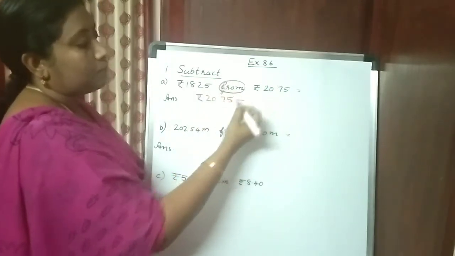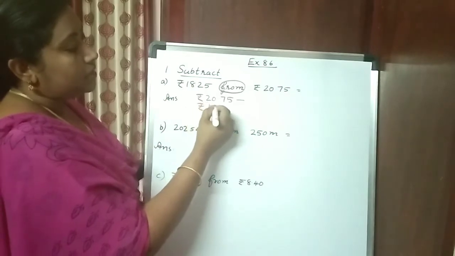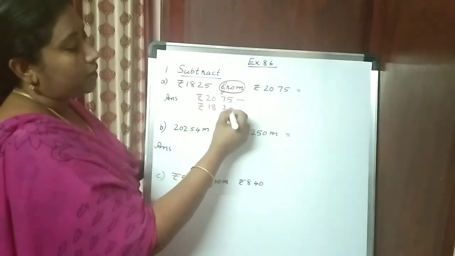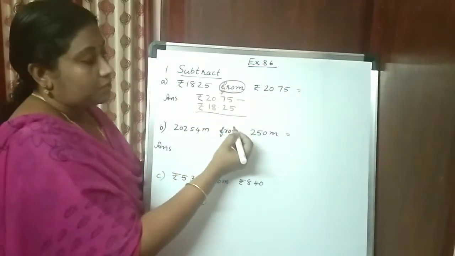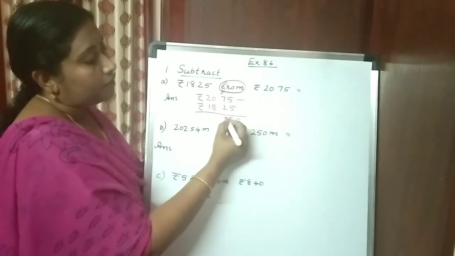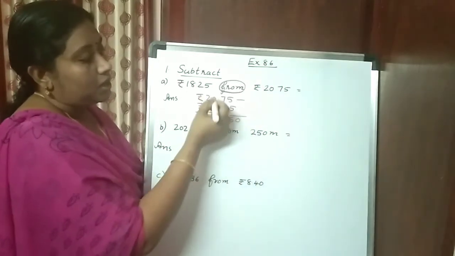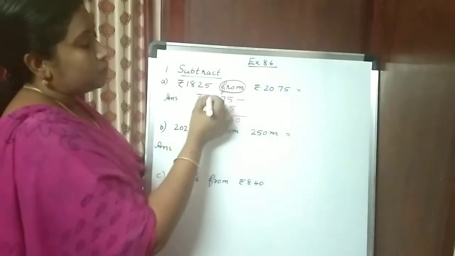Okay, then you subtract which number? Rupees 18.25. Then 5 minus 5 is what? 0. 7 minus 2 is 5. Then do 0 minus 8, is it possible? Not possible. So you borrow.